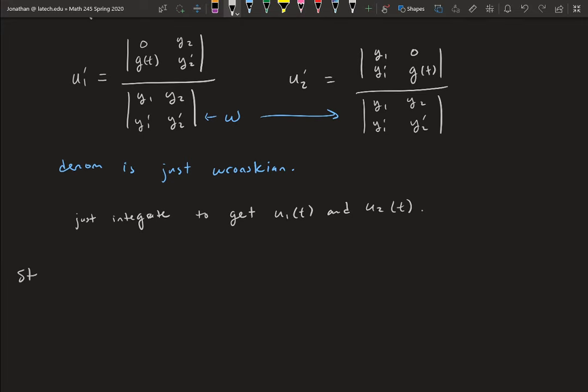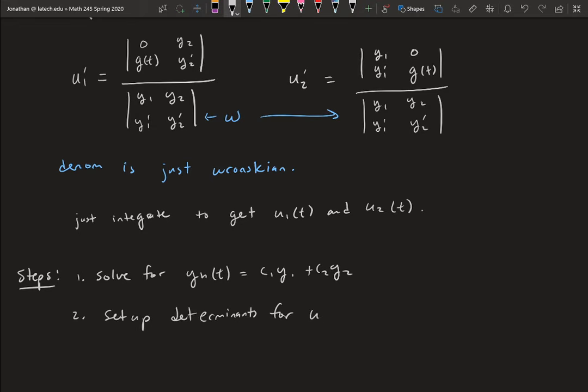So the steps would be: first, solve for yh equals c1y1 plus c2y2. Step 2, set up determinants for u1 prime and u2 prime.